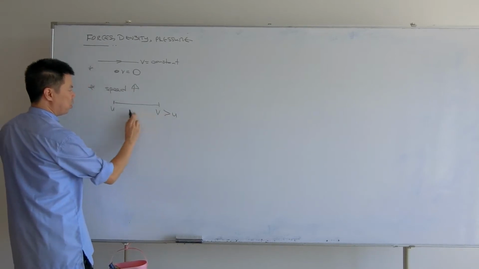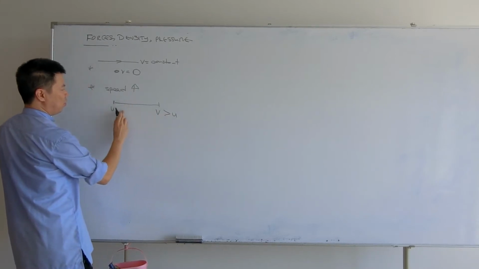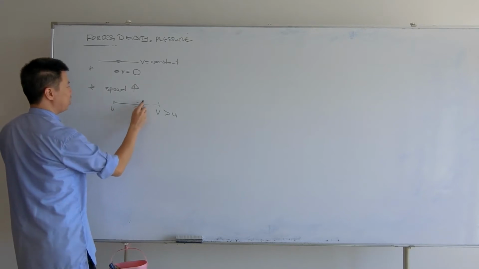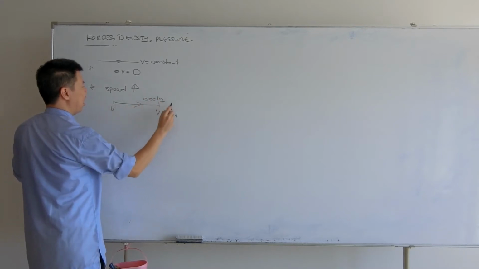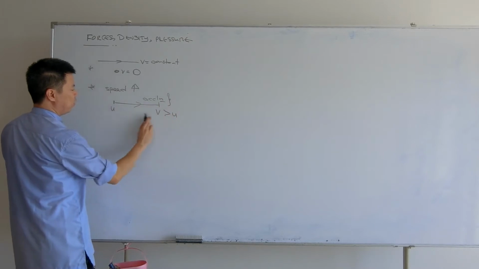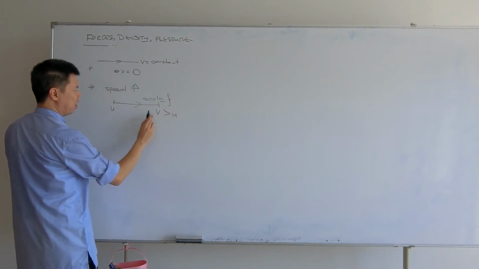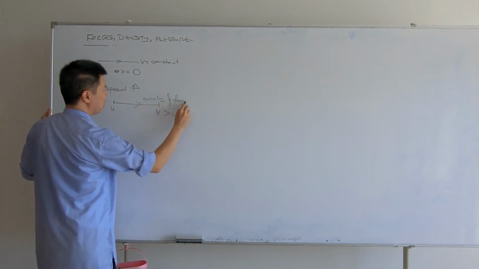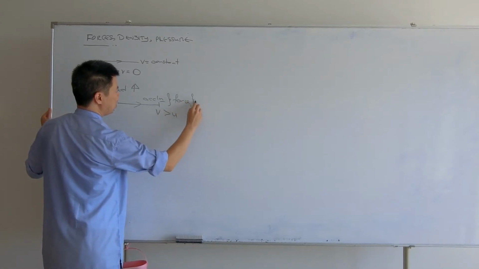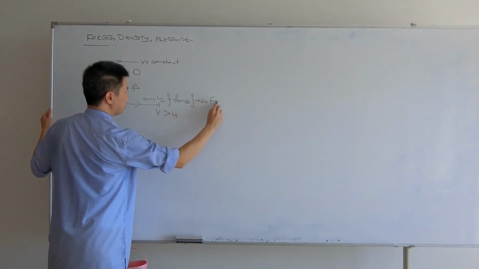Therefore, when it increases, we call it acceleration. In order to increase it, a force must be provided to the object. Hence, we got the equation, resultant force is equal to m a.